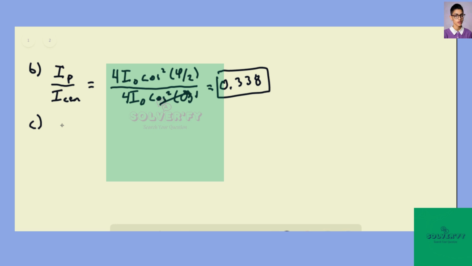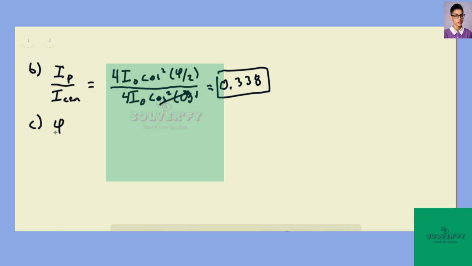So now we want to describe where point P is in the interference pattern, say what maximum or minimum it's at, or which it's between. So the easy way to do that is to look at the phase difference in wavelengths.